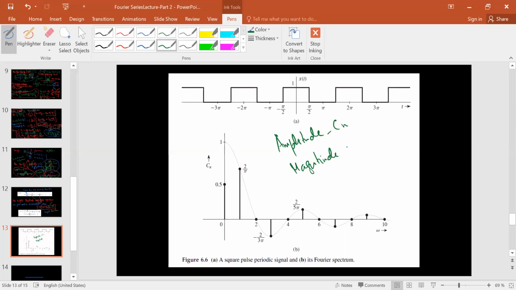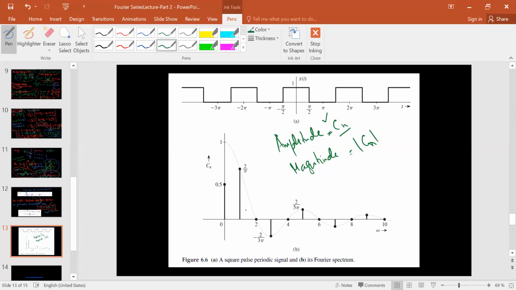But if I want to go for magnitude, then I have to take the mod of Cn. Then of course the negative sign has to be taken care of by the phase spectrum. But since we are going with amplitude, Cn could be positive, Cn could be negative, because the only thing we are seeing in the Fourier series for our square wave is that some of the terms are negative, nothing else.